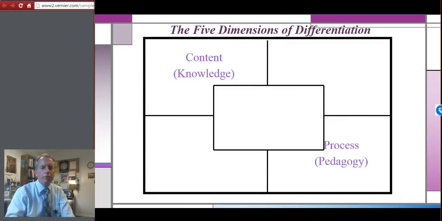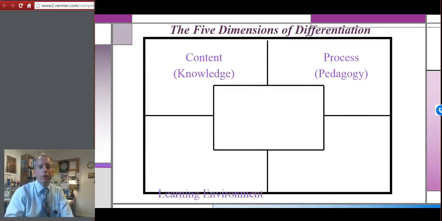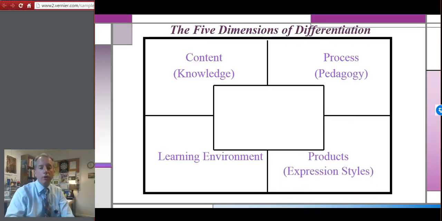We know that we can vary the content, the process, the learning environment, and the products, and at times the learner can vary himself or herself, and as teachers we can vary the way that we conduct ourselves and the things that we do.